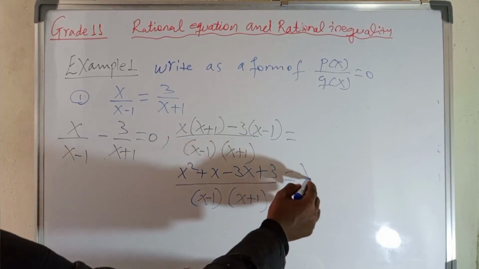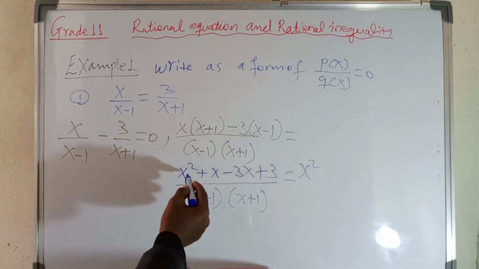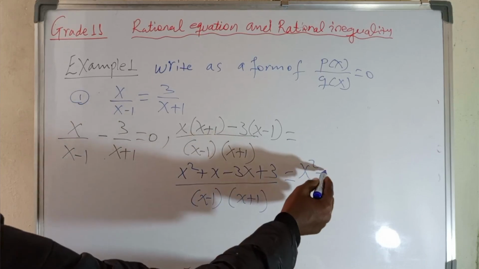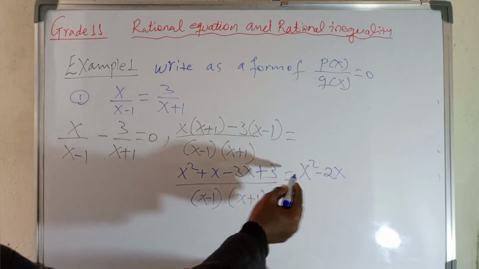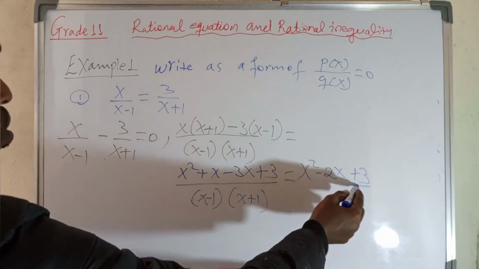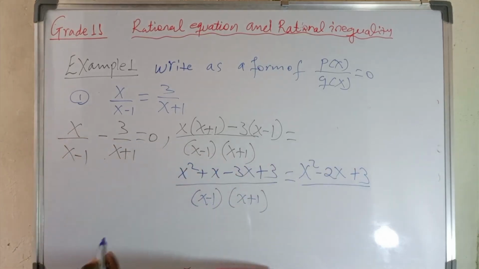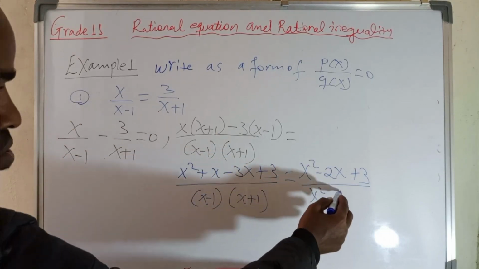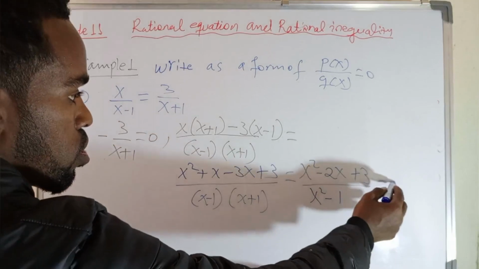On the numerator we have x square plus 3x minus x, which gives 2x plus 3, over x minus 1 times x plus 1. We get that over x square minus 1 equals 0.